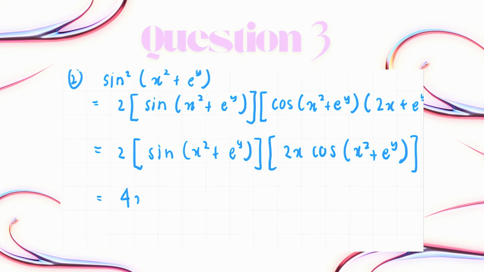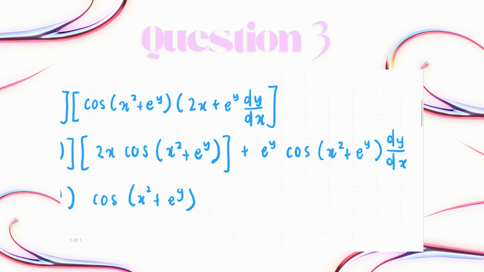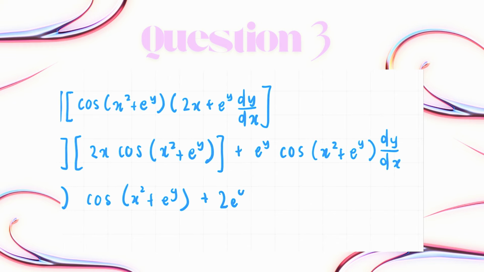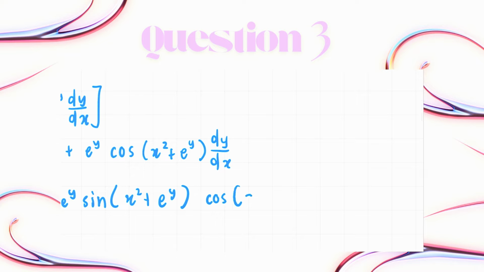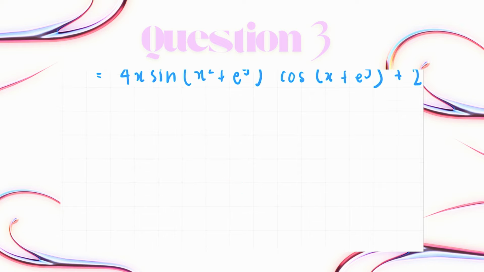Then we'll get 4x sine of x squared plus e^y cos of x squared plus e^y plus 2e^y sine of x squared plus e^y cos of x squared plus e^y dy/dx. For the third expression, we have 5xy.